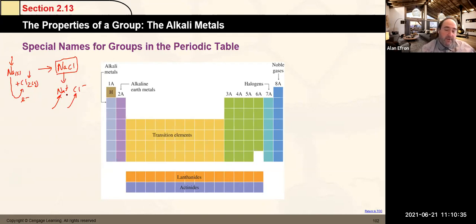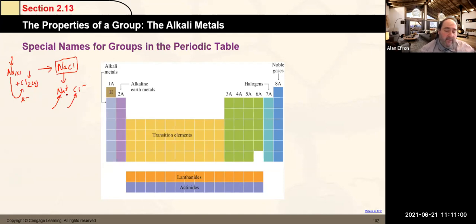Speaking about charges, there are certain elements that, when they gain charges in an ionic compound, will have what are sometimes referred to as fixed charges. No matter what the situation is, when they go to form something that has a charge, they always form the same charge.